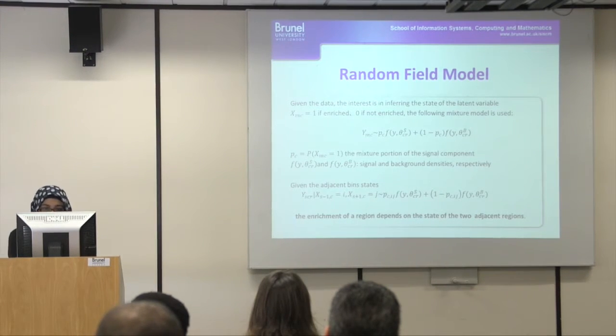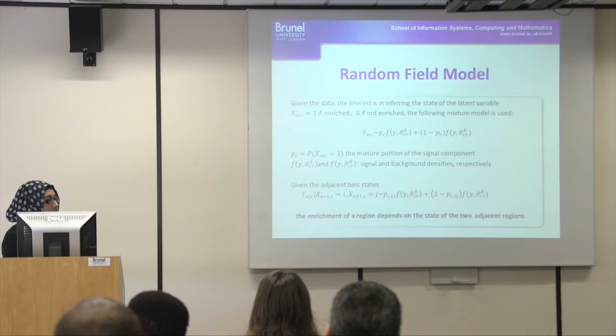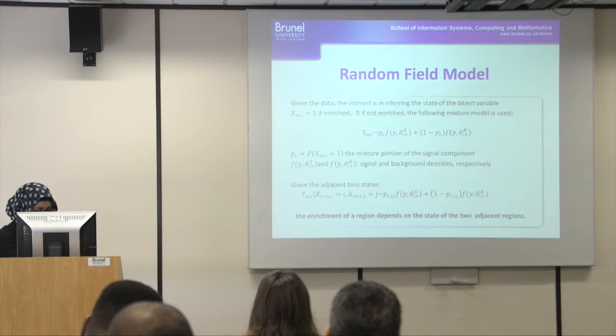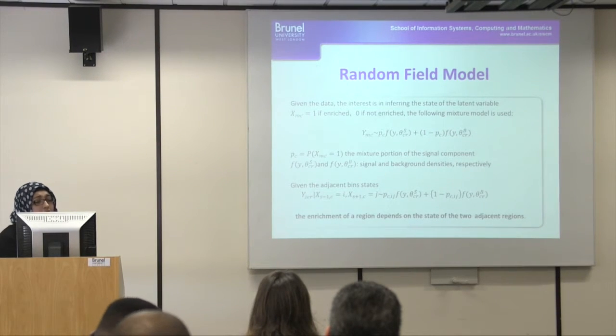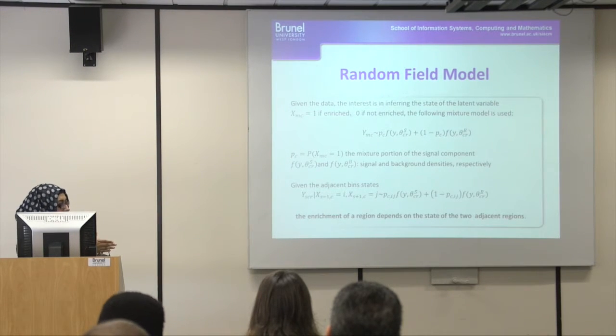But the random field model assumes that for every bin, the binding profile meets the 1D Markov properties. So in that case, for each bin to be called enriched, it also looks at the adjacent bins.